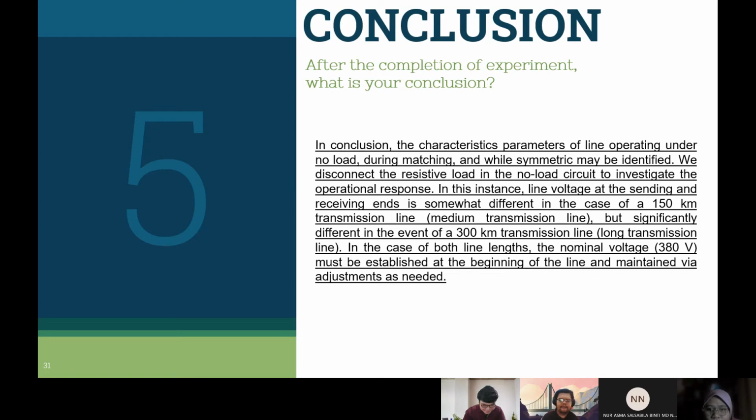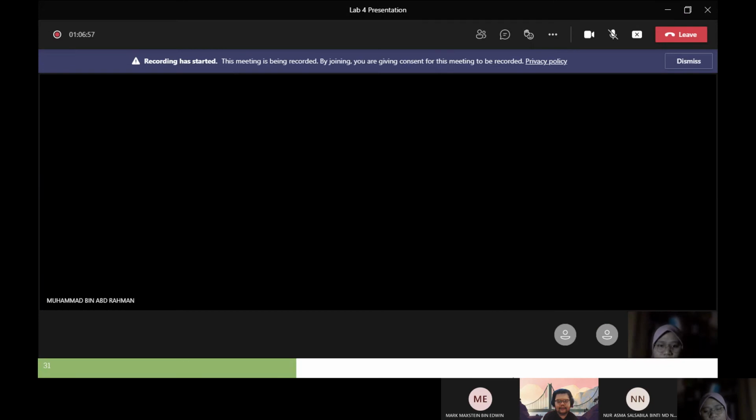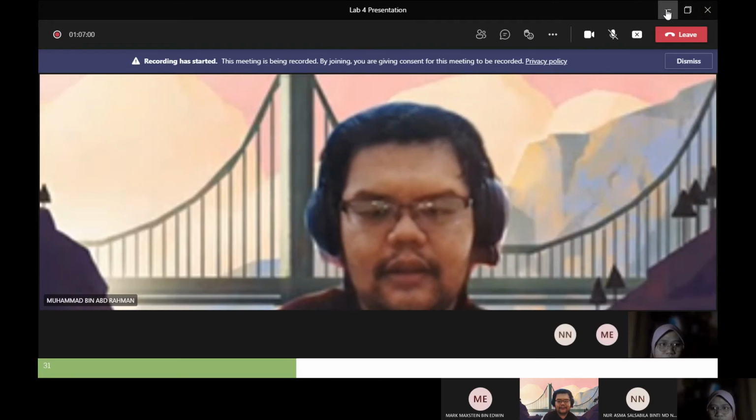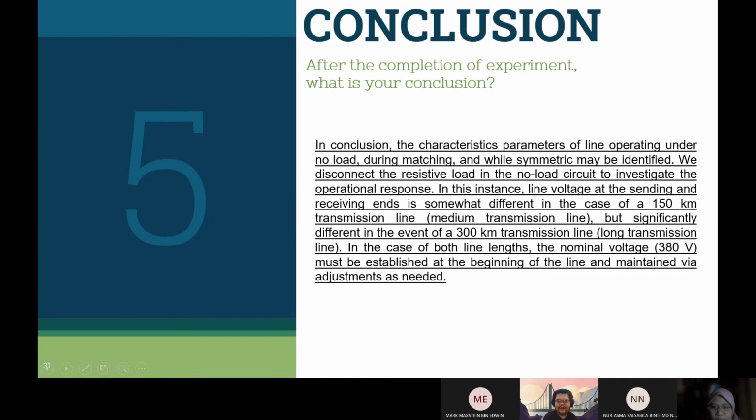So the conclusion is, we know that the characteristic parameters of the line operating under no load, during matching and symmetry, may be identified. We disconnect the resistive load in the no load circuit to investigate the operational response.